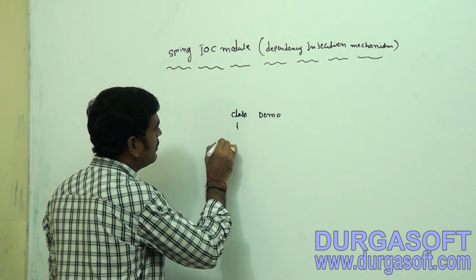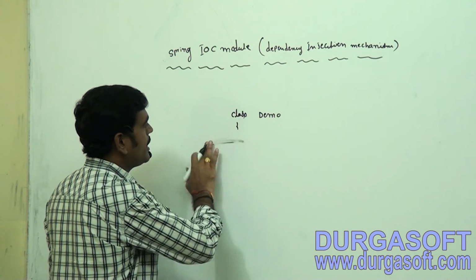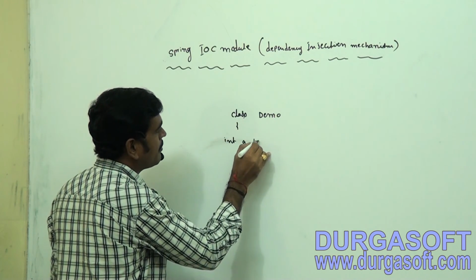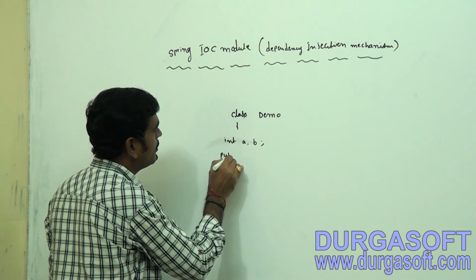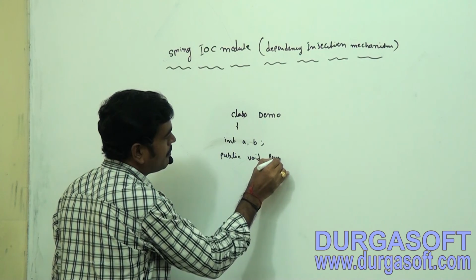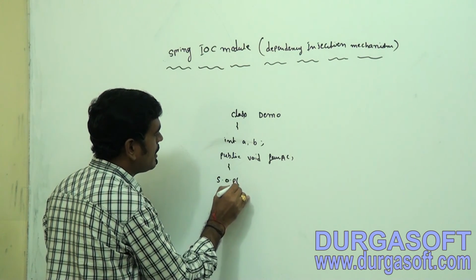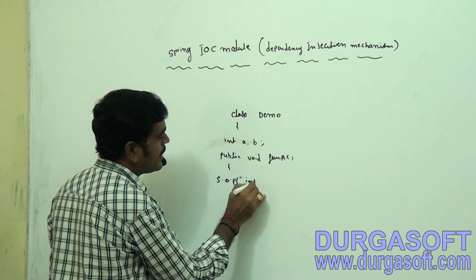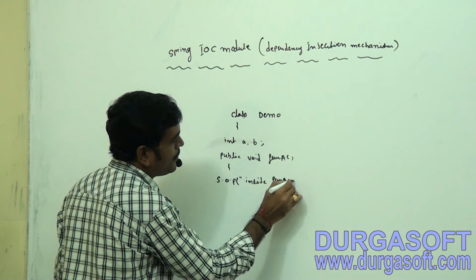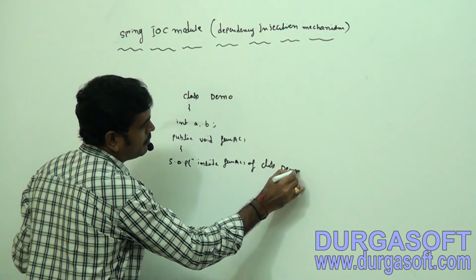Inside it, I am taking variables int a, b, and a public void function a, with system.out.println inside function a of class Demo.